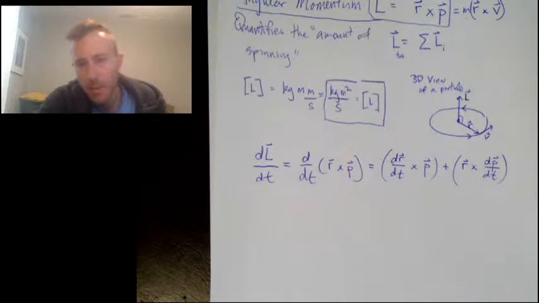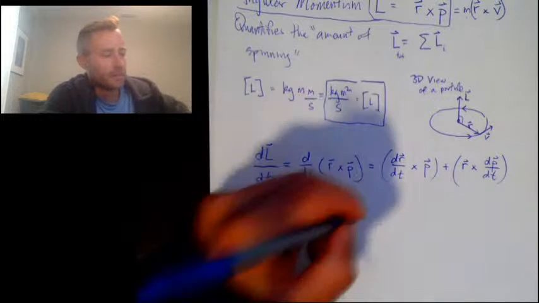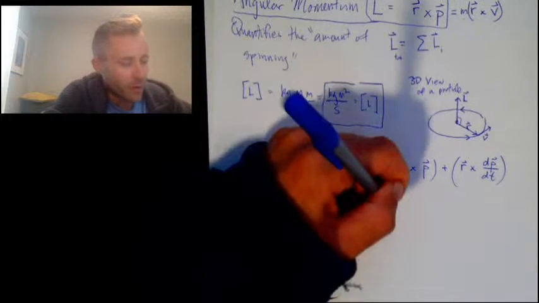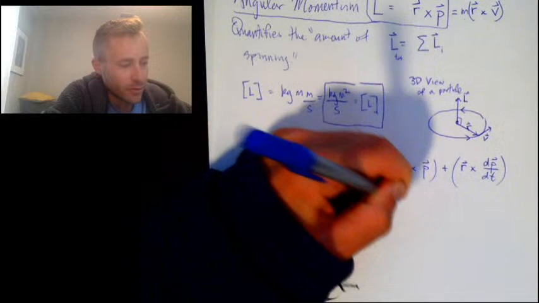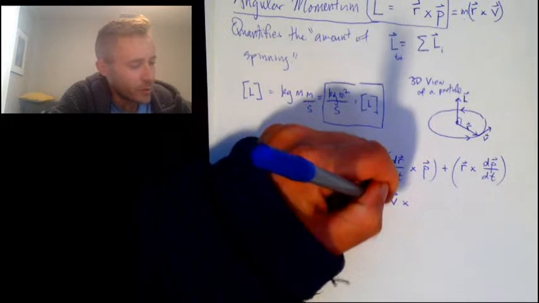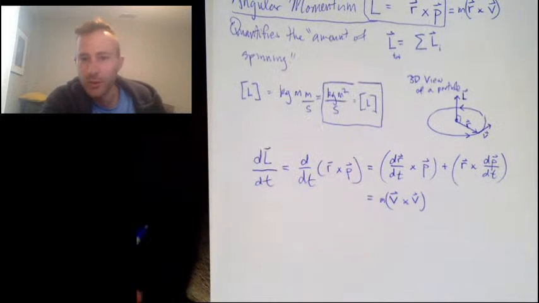Same thing applies to dot product. You just do the product rule, but you've got to keep them in order. Now, dr dt is equal to the velocity vector. And you might recall that momentum is m times v. So we have m times v cross v for that first term.